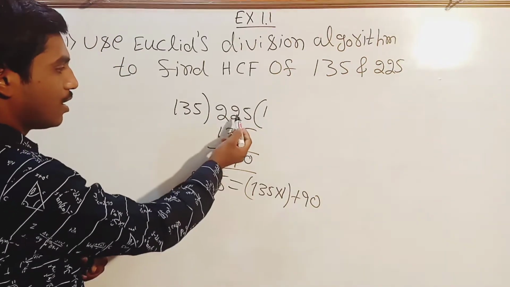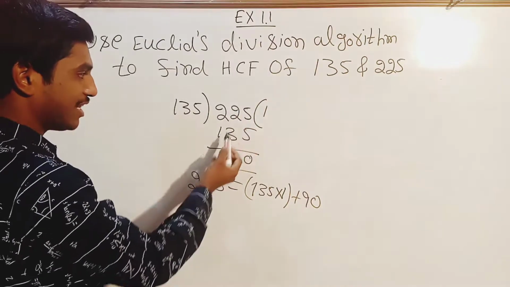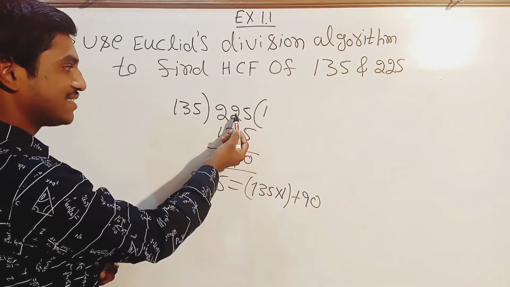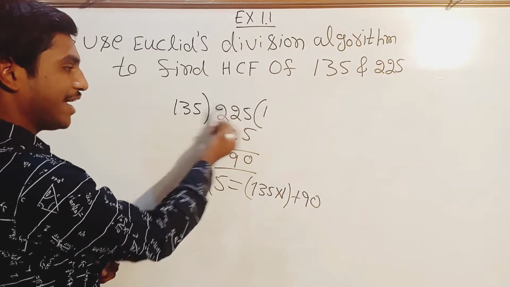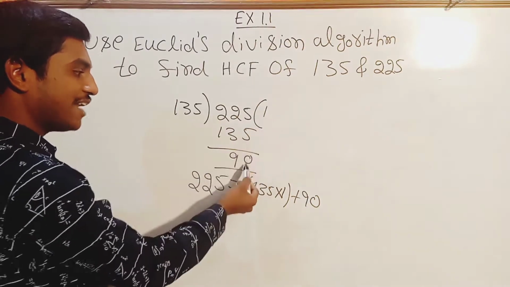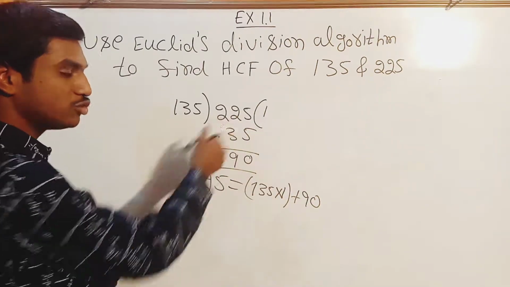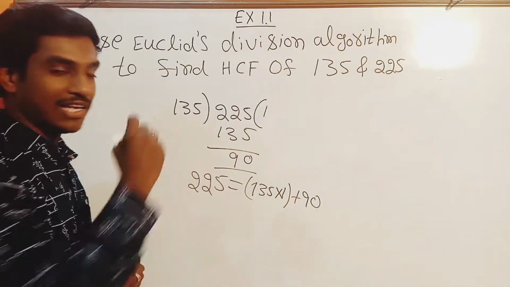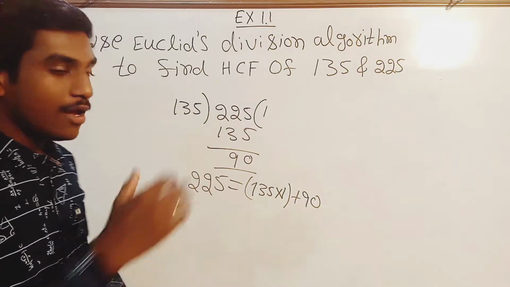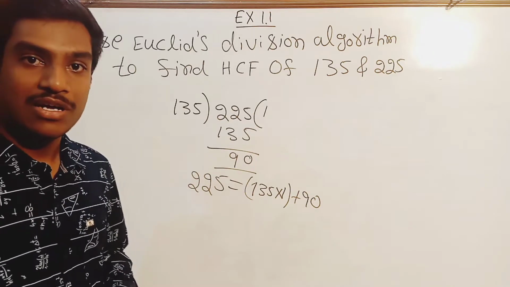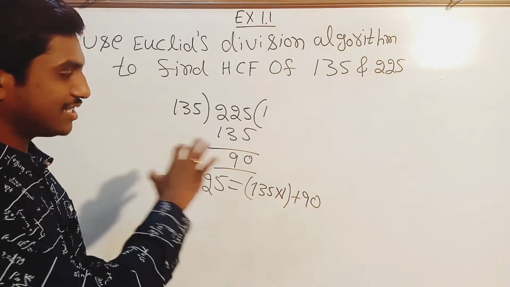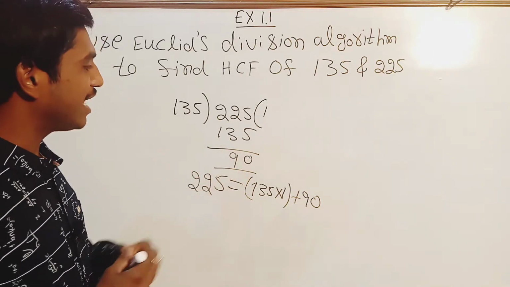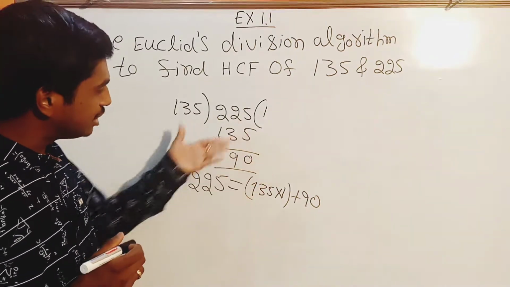because using Euclid's division algorithm we can write divisor into quotient plus remainder, which will be equal to the dividend. So dividend is equal to divisor into quotient plus remainder. Now to find the HCF, we will use this method, that is, till we get remainder 0, we will continue dividing.